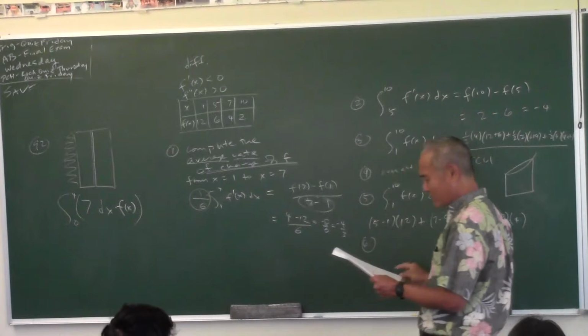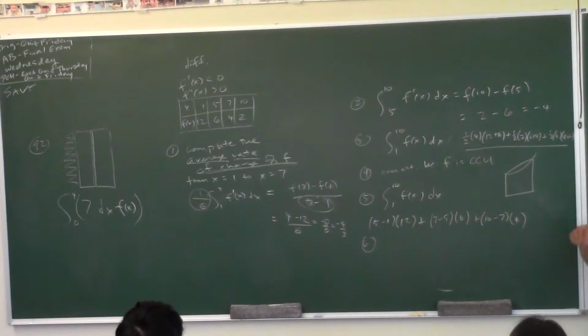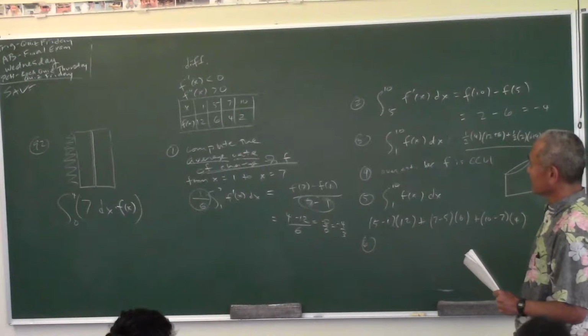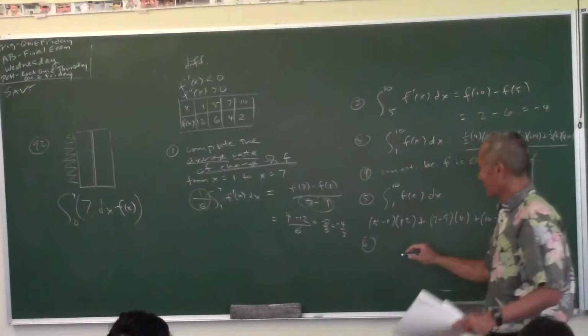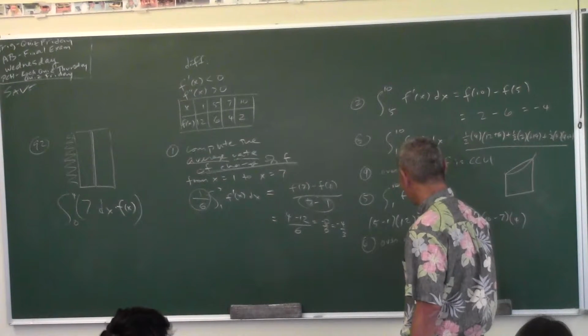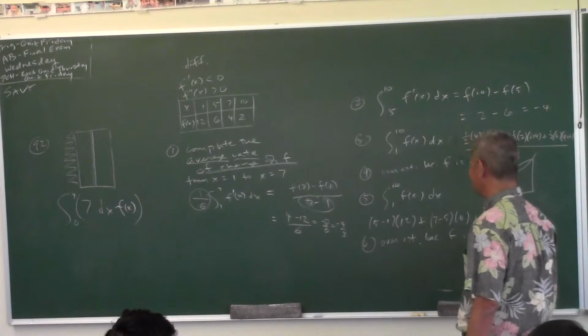Number 6. Is your answer for part 5 an over or an underestimate? Explain. Very good. What did you say again? It's an overestimate because f is decreasing.